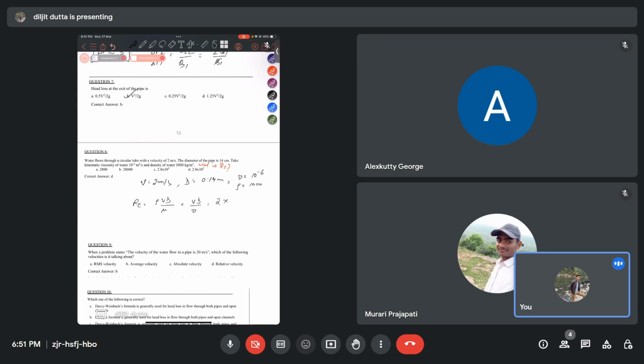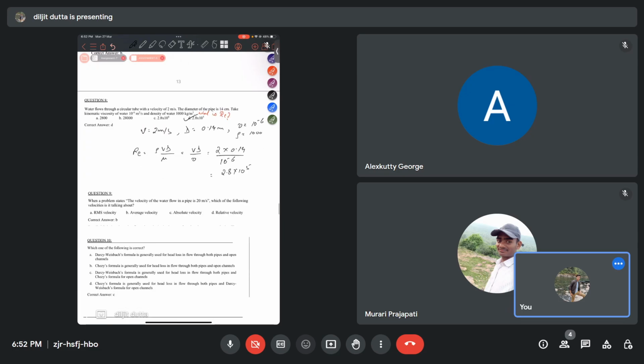We have 2, d is 0.14, and nu is 10 to the power minus 6. So if we calculate, we will get around 2.8 into 10 to the power 5. The correct option is answer D. These are very simple questions.